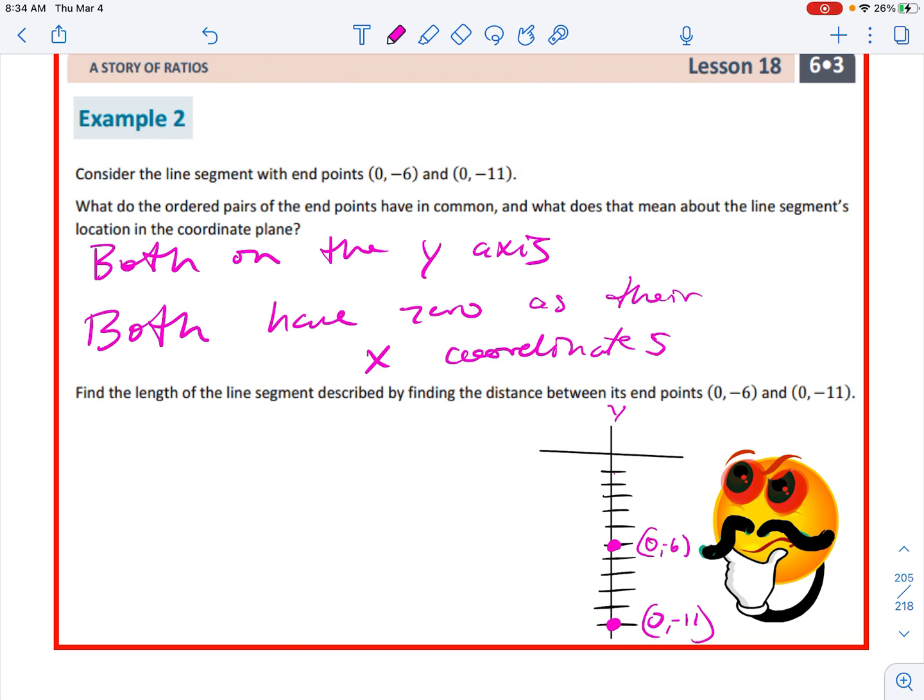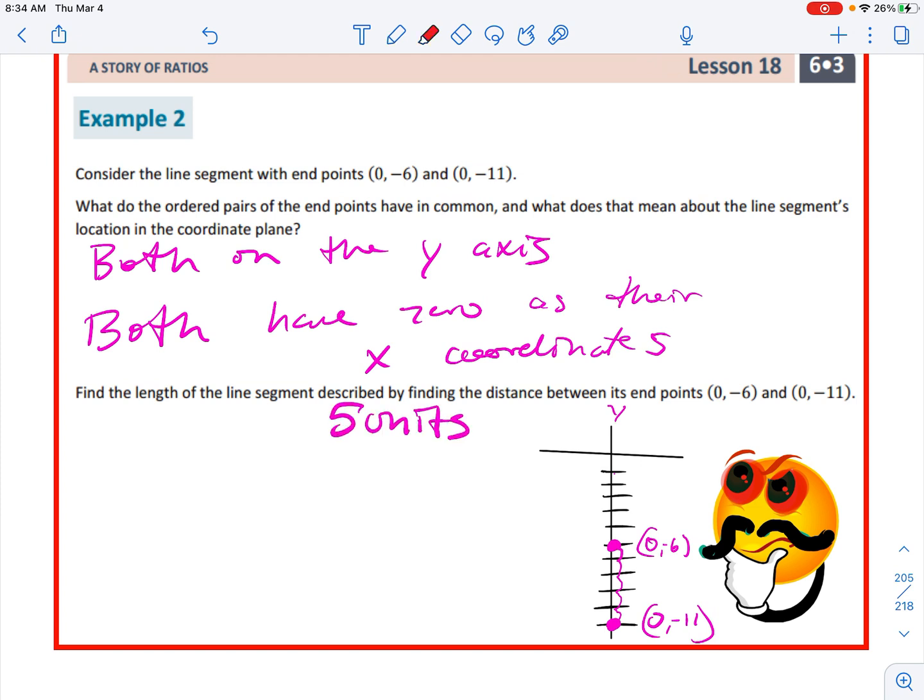So it says find the length described by finding the distance between its endpoints. One way we can solve this is just counting the units in between. So 1, 2, 3, 4, 5. So the distance is 5 units.